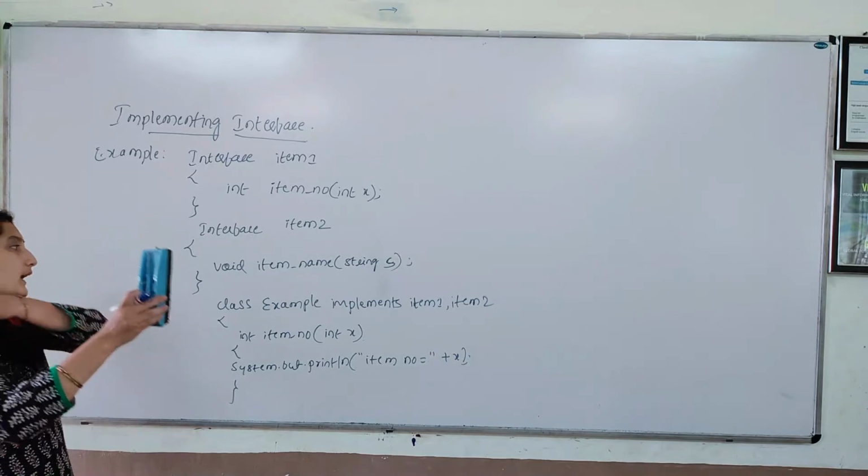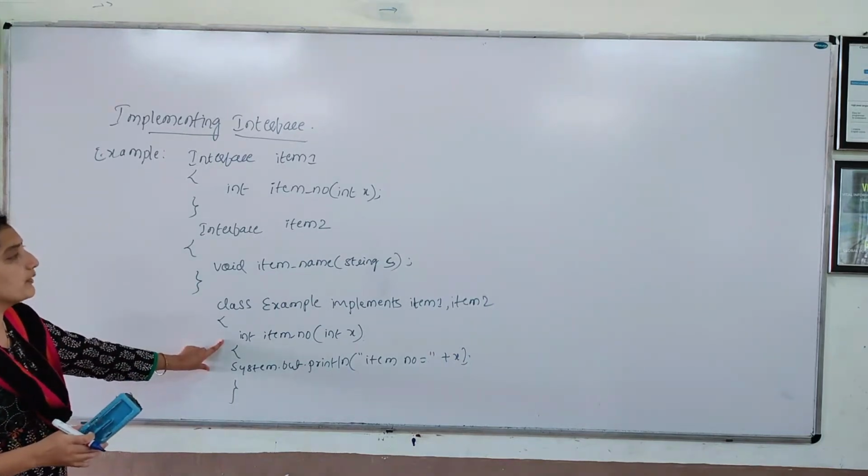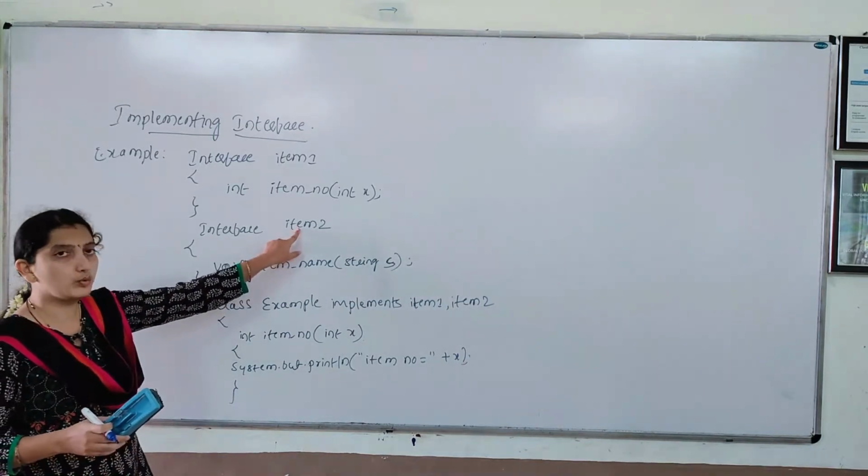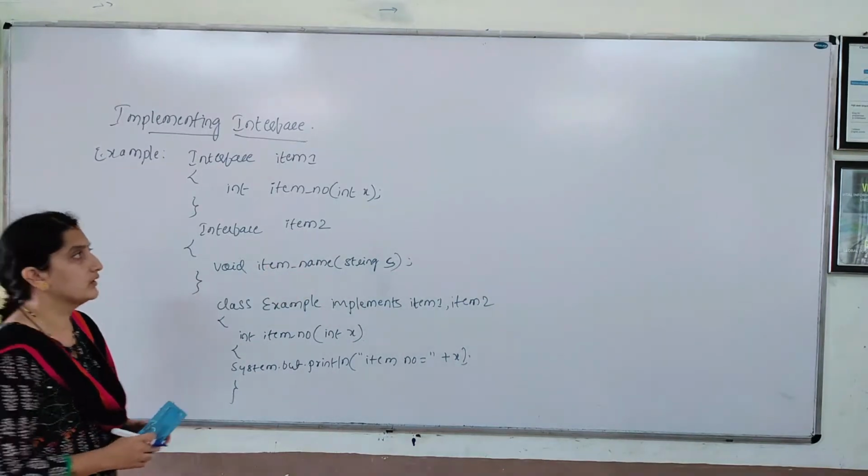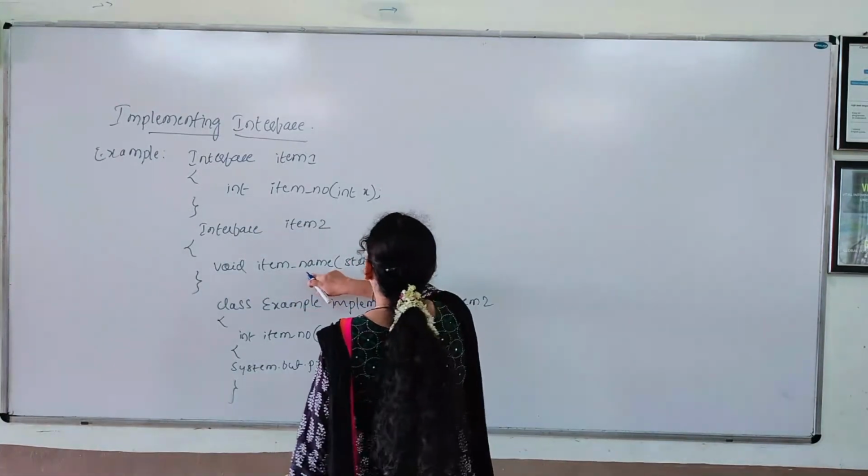And one more method I need to implement from Item2, that is item name.